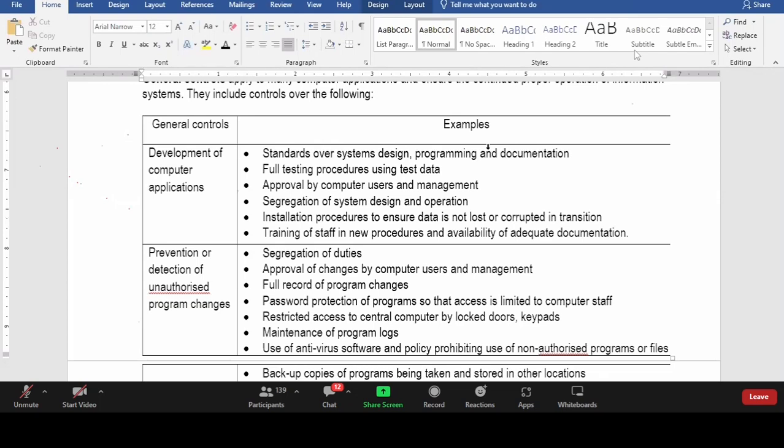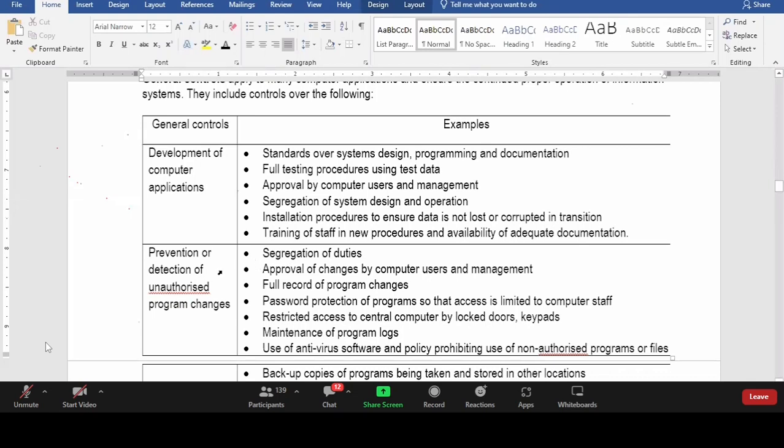Is the new system approved by computer users and management? These things we did in IT. Is there segregation of system design and operation? Installation procedures to ensure data is not lost or corrupted during the transition, and training staff on using the new system and documenting. So these things you did in IT.